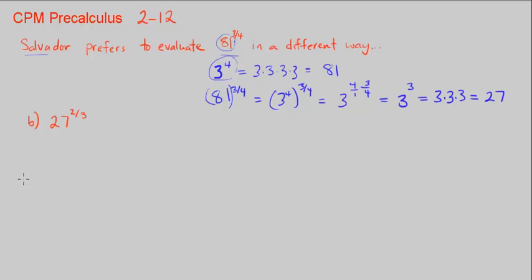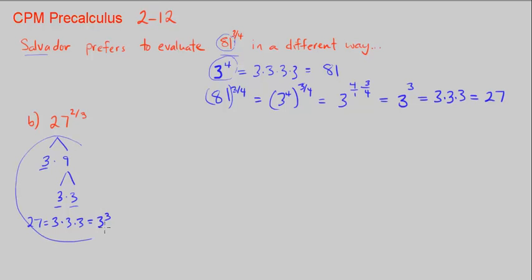Let's think about that first. 27 is going to be 3 times 9, right? 3 times 9 is 27. Well, 9 is equal to 3 times 3. So 27 then is equal to 3 times 3 times 3. Or that's 3 cubed. Okay?